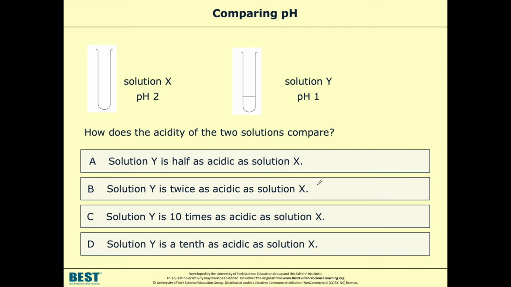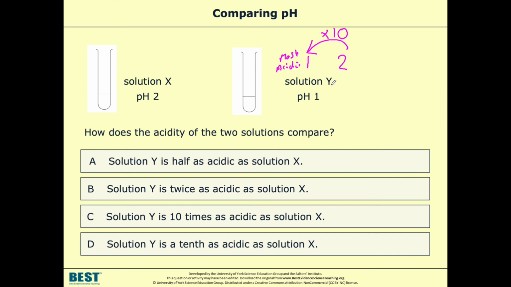So here we're looking at the comparison between 1 and 2. Remember, 1 is our most acidic. We're moving away from neutral, so we're moving in this direction. It's only one number away, so it's just 1 times 10 that we have to do.